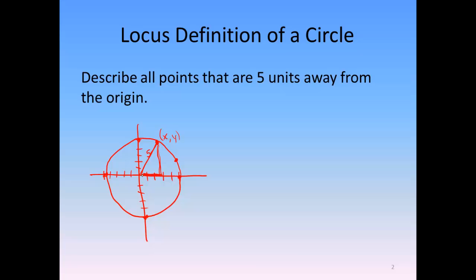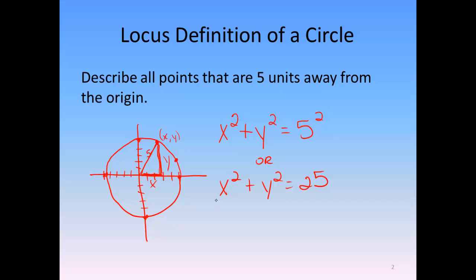The x coordinate we get by moving side to side, and the y coordinate we get by moving up and down. Now inside this circle, I have a right triangle, and by the Pythagorean theorem, I can describe this triangle by saying x squared plus y squared equals 5 squared, or x squared plus y squared equals 25.